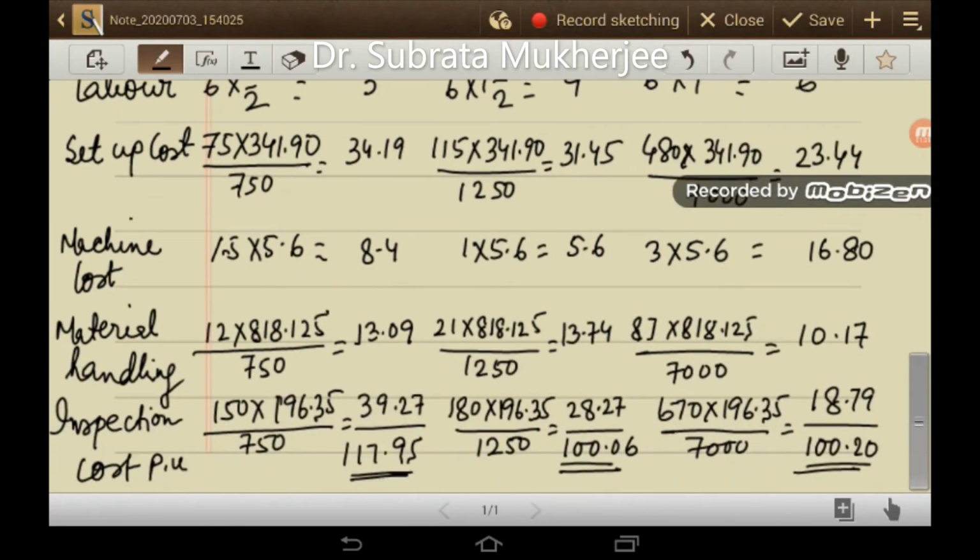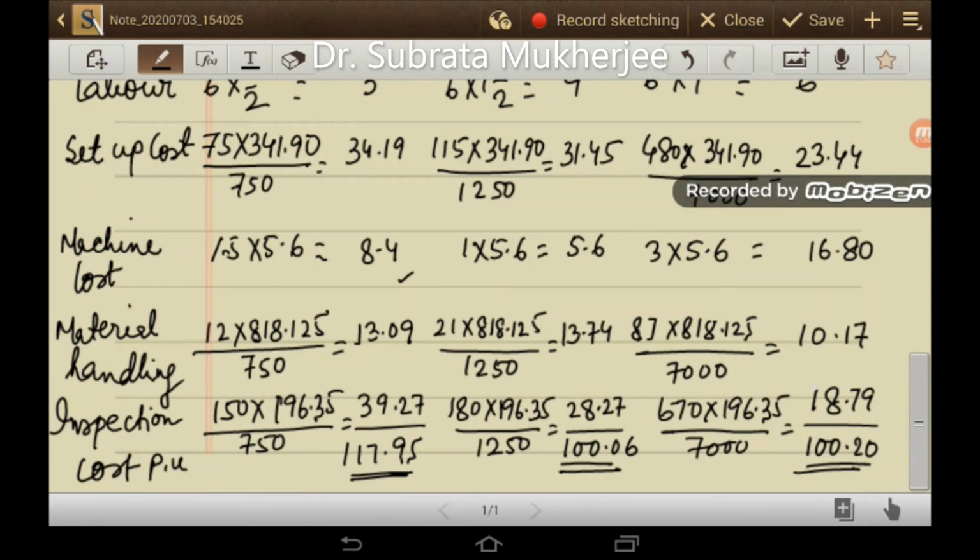Then next item is machine cost. So machine cost: 5.60 is the machine hour rate we have calculated in the working. 1.5 machine hour is required per unit of product X. So machine cost per unit of X is 8.4.